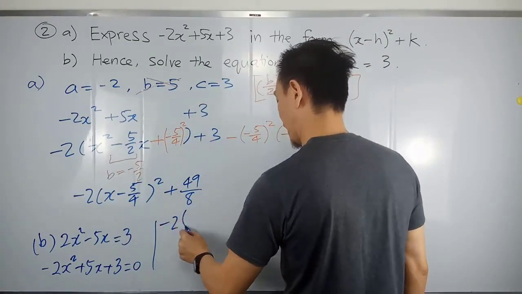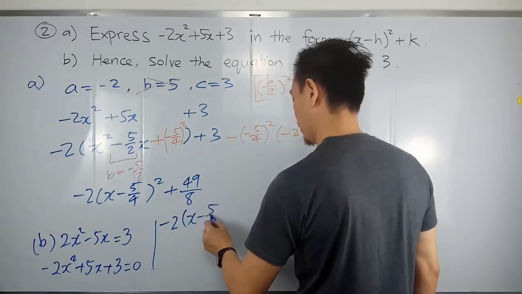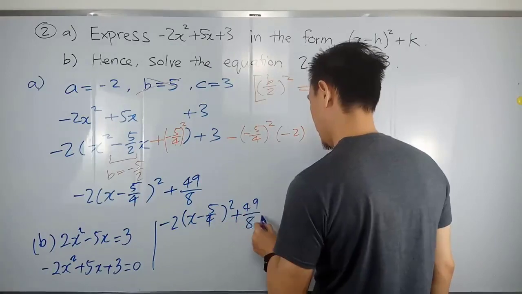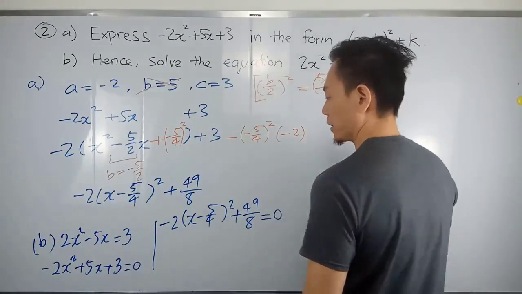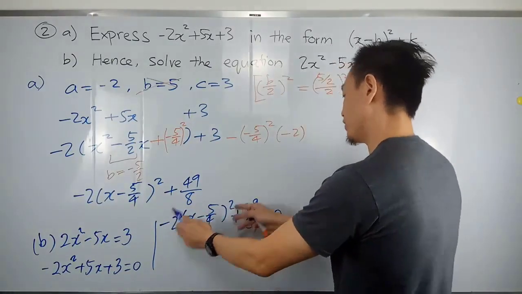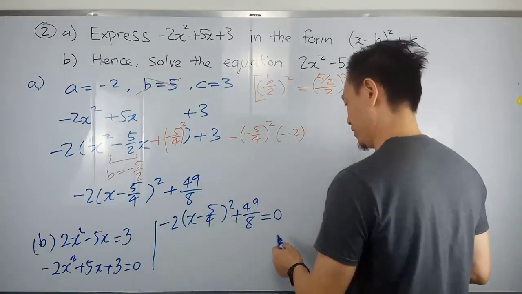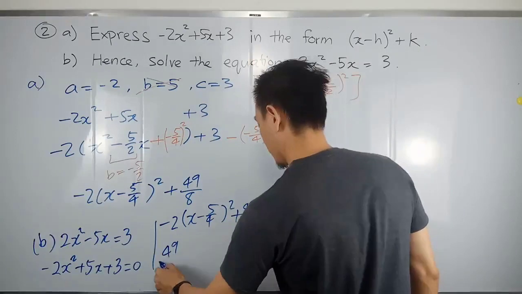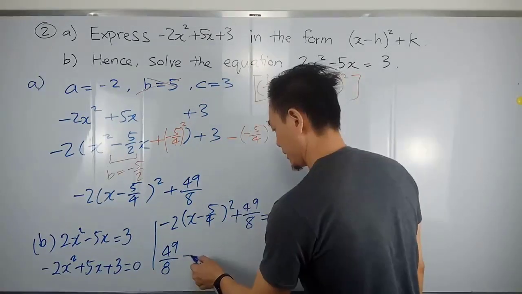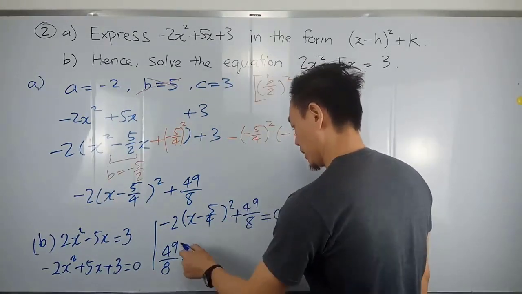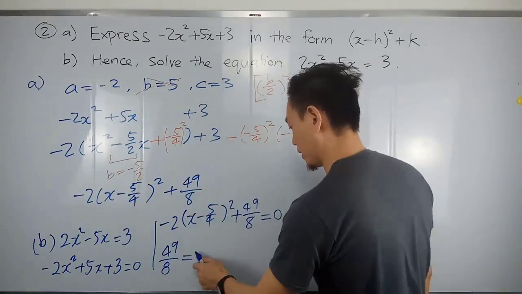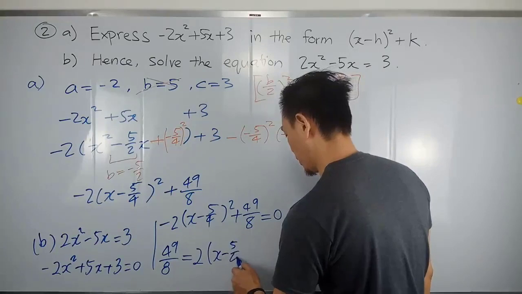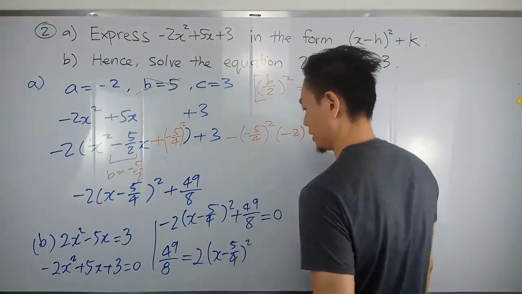And we have negative 2 times x minus 5 over 4 bracket square plus 49 over 8 is equals to 0. And we're going to bring over this negative to the other side, it becomes positive. So this is going to be this 49 over 8 is equals to this whole chunk brought over, you have a positive 2 here, times x minus 5 over 4 bracket square.